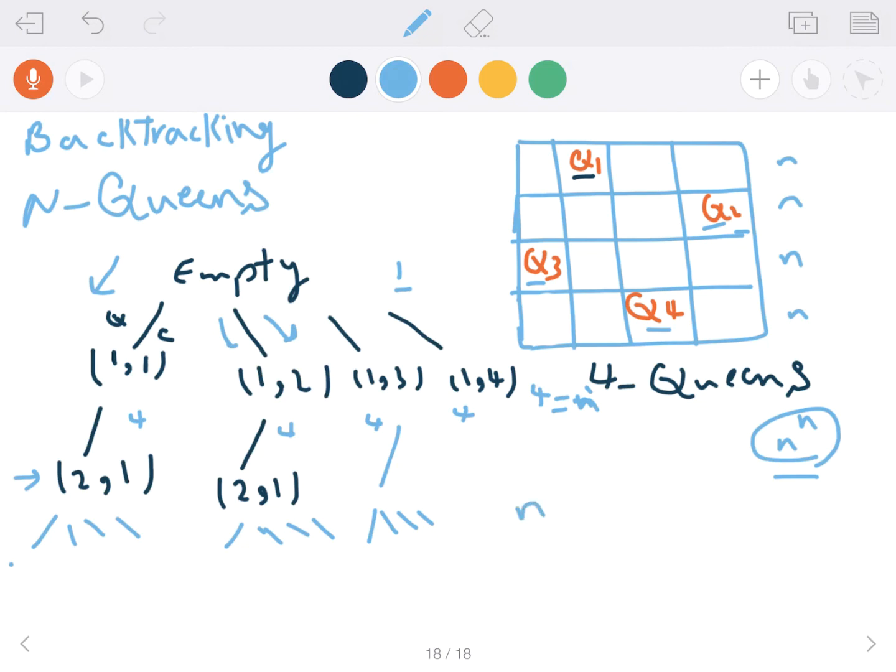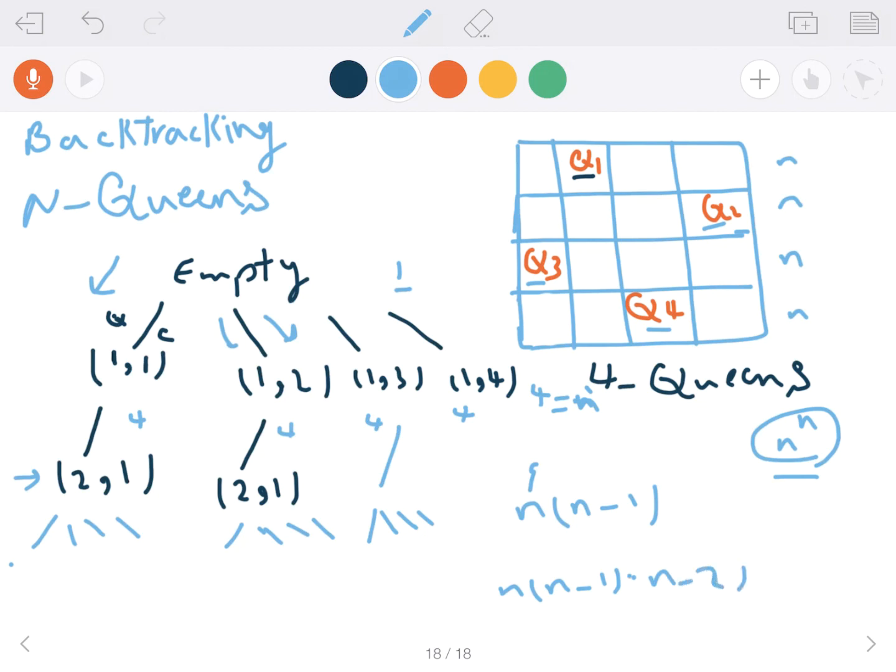So the number of nodes will be n multiplied by n minus 1, where n is the number of queens and n minus 1 is the number of columns that remain. Definitely for the next one, the third queen, you are removing 2 columns, so you cannot put the queen in the previous 2 columns. So it's going to be n multiplied by n minus 1 multiplied by n minus 2.